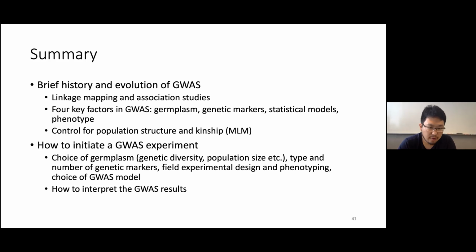And we walked through the steps to initiate a GWAS experiment, like the choice of the panel, how to deal with markers, something to pay attention to about field experiment and phenotyping, and the choice of GWAS models, and how to interpret the GWAS results.